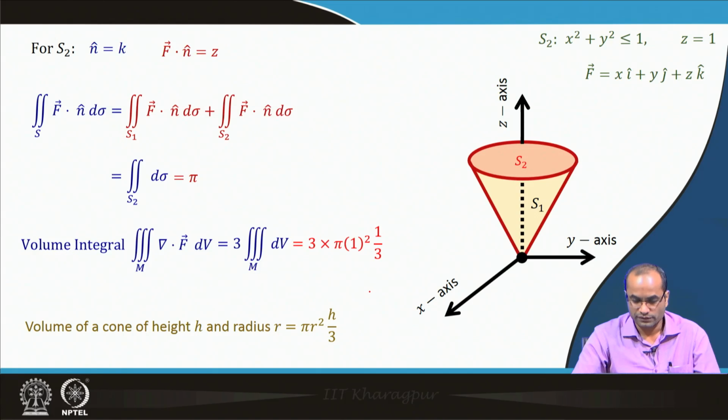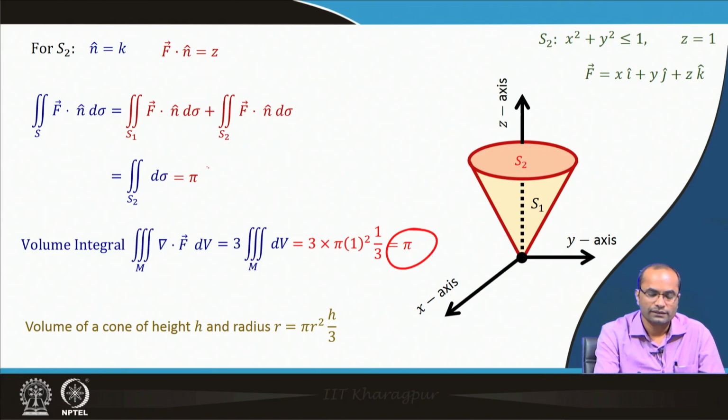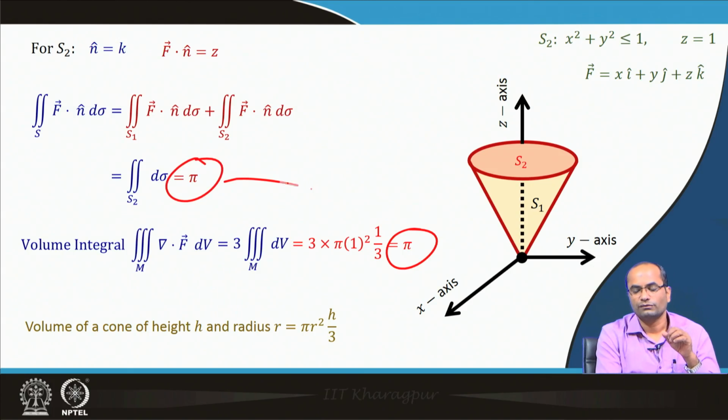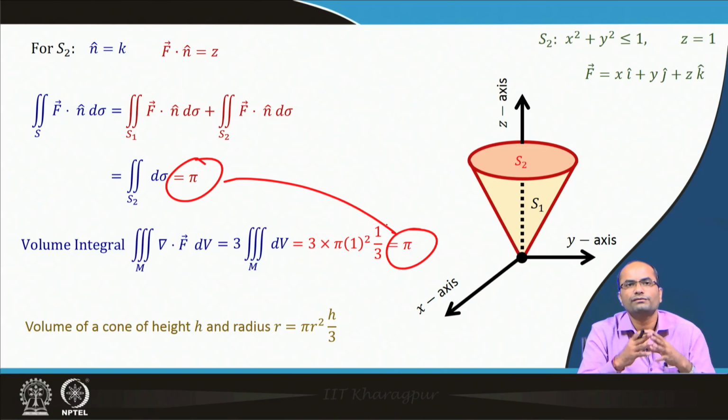This value is coming to be pi, and the surface integral was also pi. So, we have verified the divergence theorem in this case, where the surface was a little bit more complicated. There were two surfaces, one was the cone and the other one was this disk.